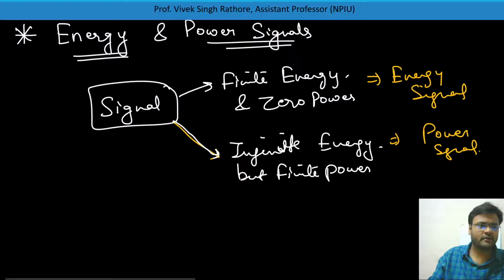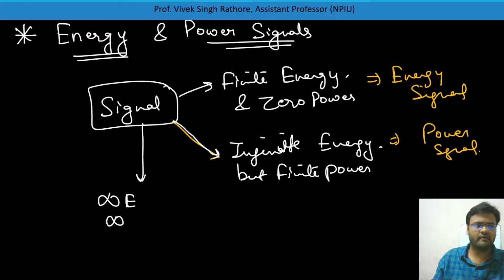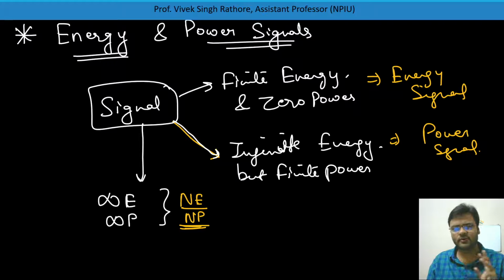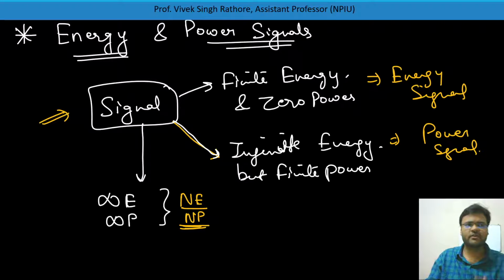And if a signal has infinite energy and infinite power, this signal is called neither an energy signal nor a power signal. So it won't be an energy signal and it won't be a power signal. These three conditions you need to remember while dealing with energy and power signals. Finite energy and zero power is an energy signal, infinite energy but finite power is a power signal, and infinite energy and infinite power is neither energy nor power signal.